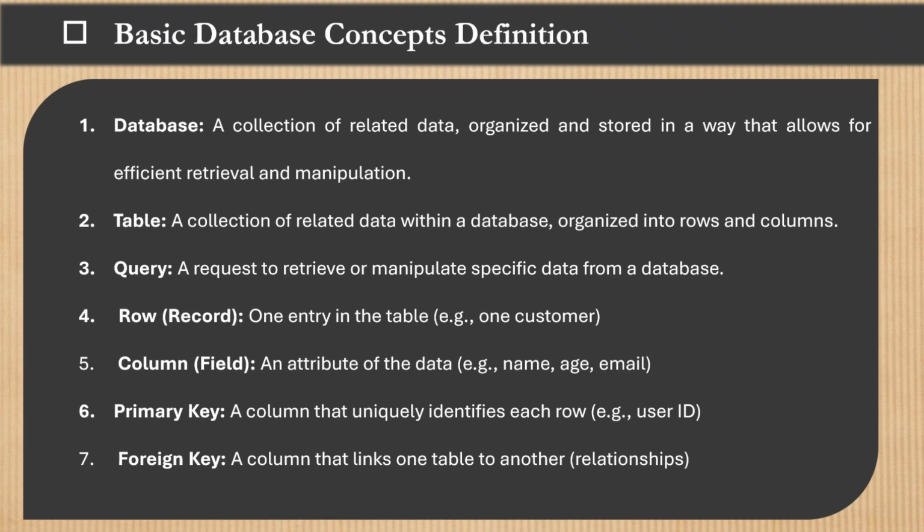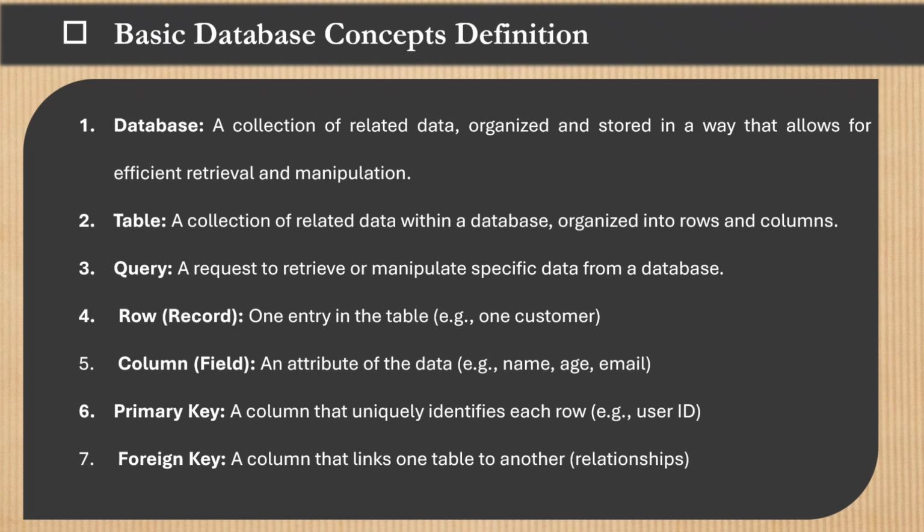Now a table is a collection of related data in the database which are organized in rows and columns, while a query is the request, the command, the instruction you write to manipulate your data in your database. Then we have rows and columns, where a row is a record and a column is a field.